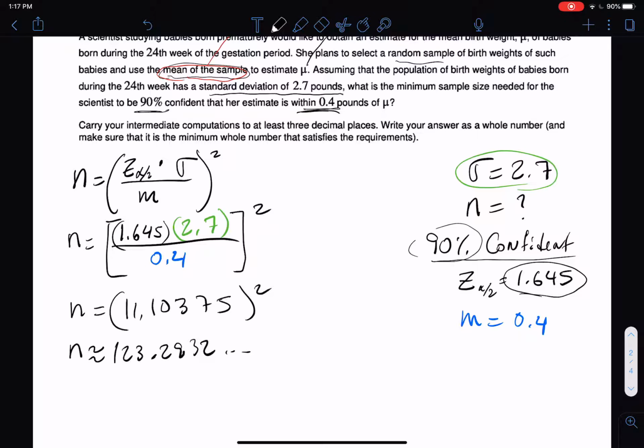Okay, now remember, this is a sample size, so we're usually sampling people or things that are going to be integers or whole numbers. We're talking about babies here, right? So you can't have 123.6 babies. Now, if someone said round this to the nearest integer, you might say I need to round down to 123.